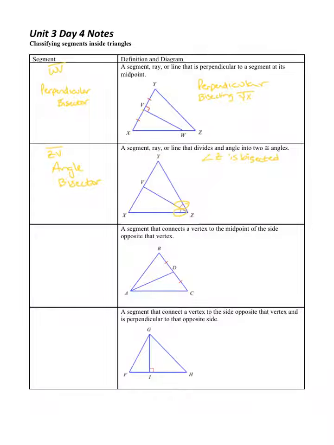Now look at this one. We're looking at segment AD. It connects the vertex to the midpoint of the side opposite the vertex. A vertex is any point in the triangle. It doesn't matter if it's B, A, or C. They're all vertexes. So what we're seeing here is BD is congruent to CD.